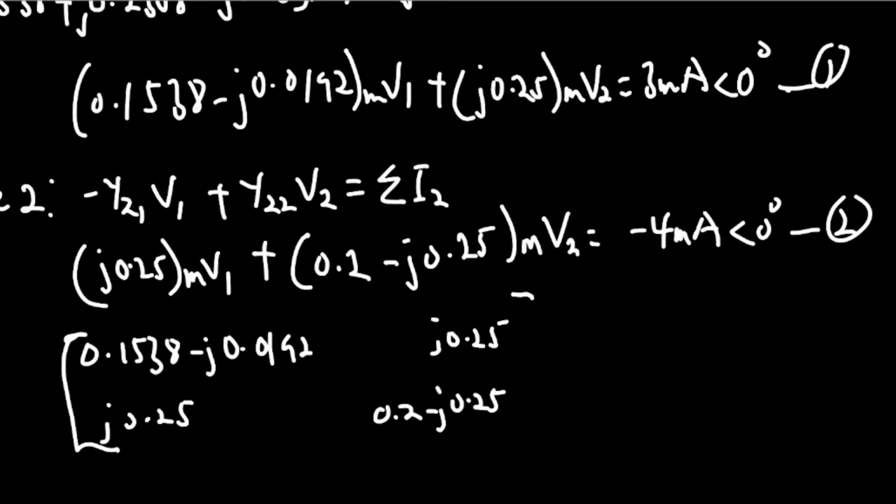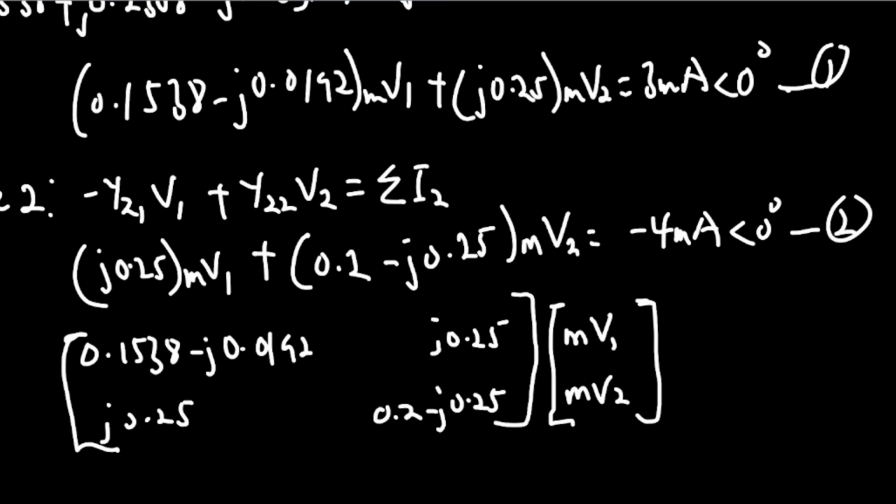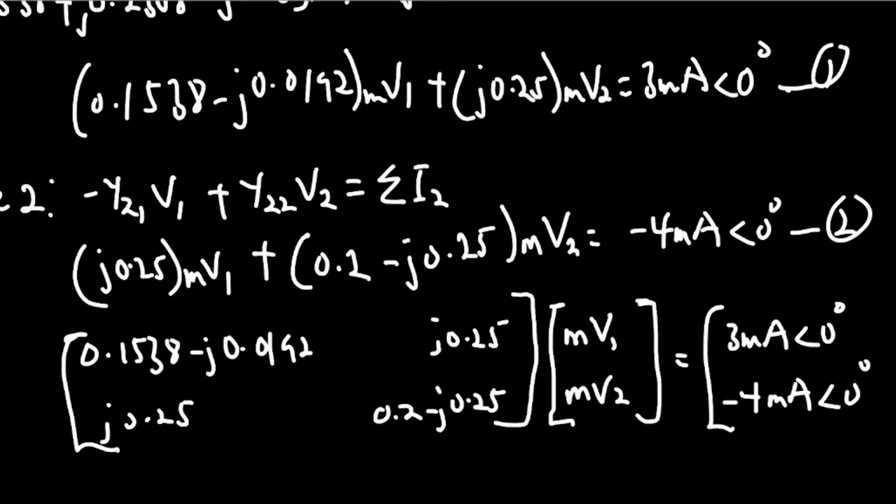You'll be wondering, where will I leave my milli? Because in the first one we weren't having milli. Don't worry, you can keep your milli here. That means now your values are not in just volts, they are in millivolts. So milli V1, milli V2, equal to 3 milliamps angle 0 degrees, negative 4 milliamps angle 0 degrees.